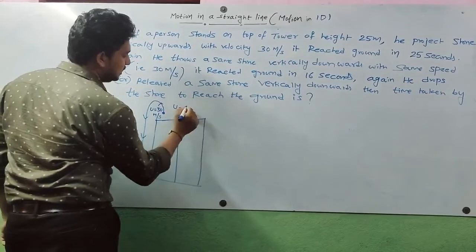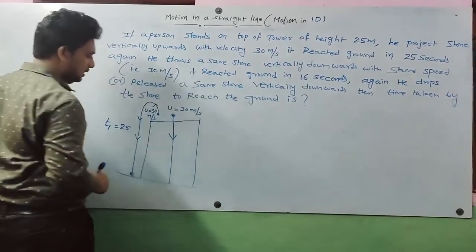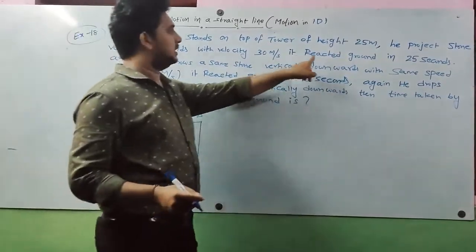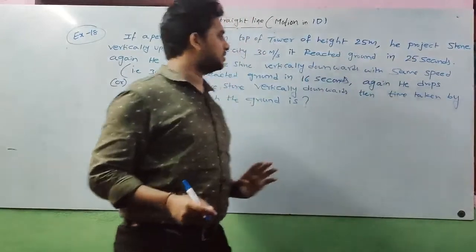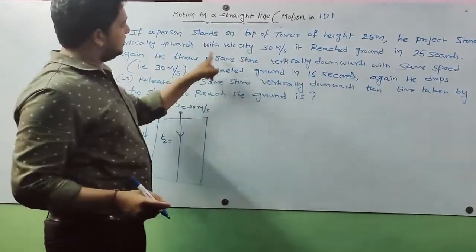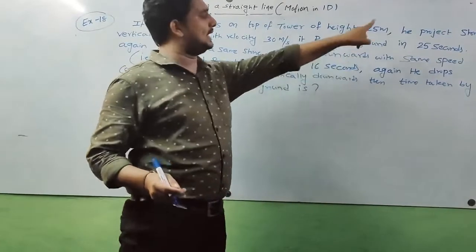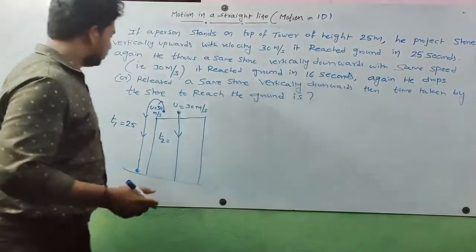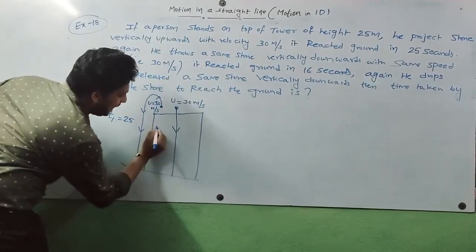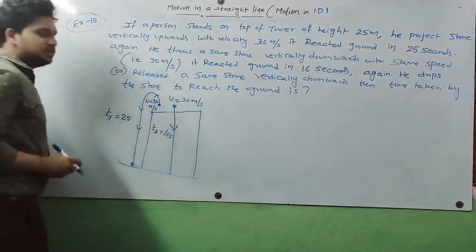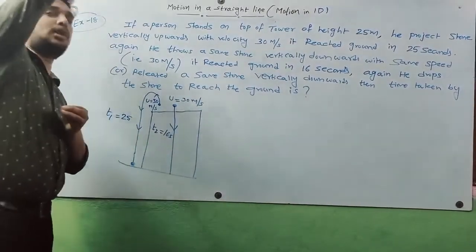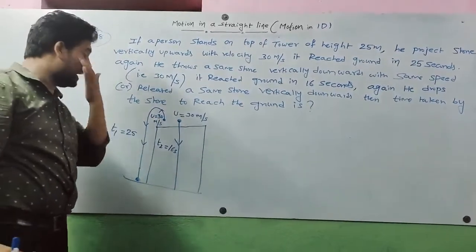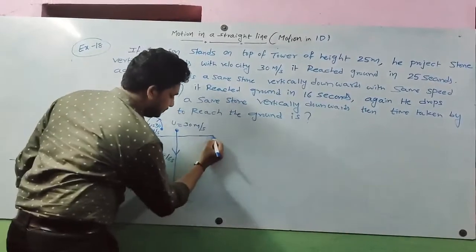I'll consider its time as T2. It reaches the ground in 16 seconds, so T2 is equal to 16 seconds. Observe carefully: the first stone is projected upwards from the top of the tower. The second stone is projected vertically downwards with the same speed.